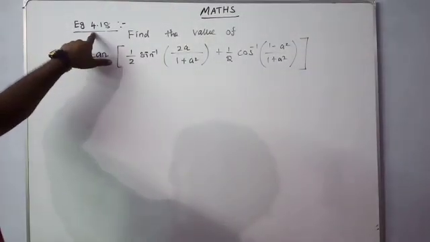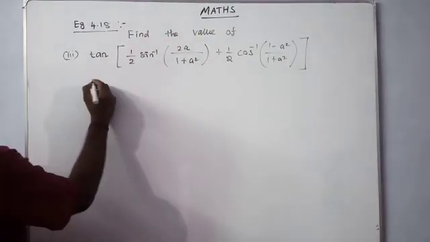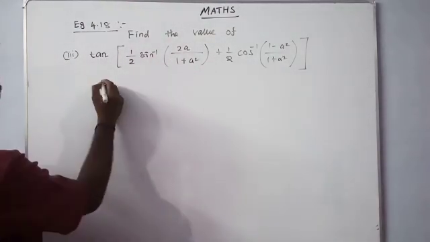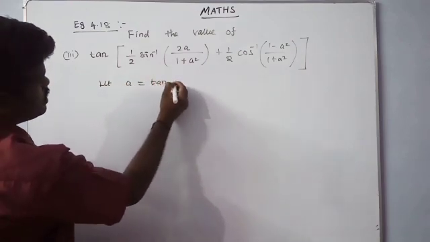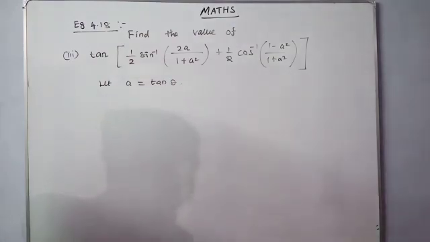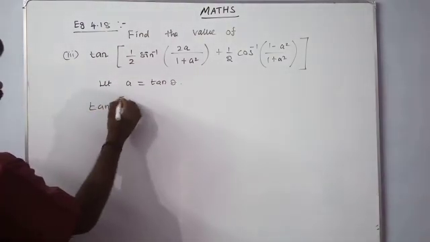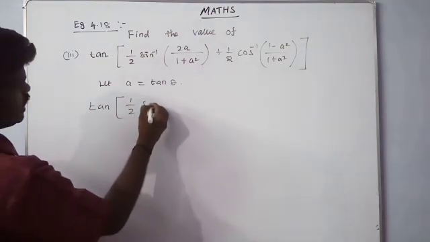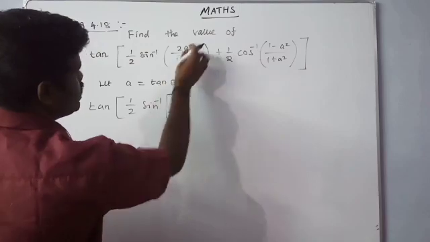Next, 4.18 Roman letter 3. Find the value of this one. We want to find this value. Let us consider a equal to tan theta. This is very important. A equal to tan theta. Let us apply the value: tan of 1 by 2 sine inverse of 2 into tan theta, the A value is tan theta.